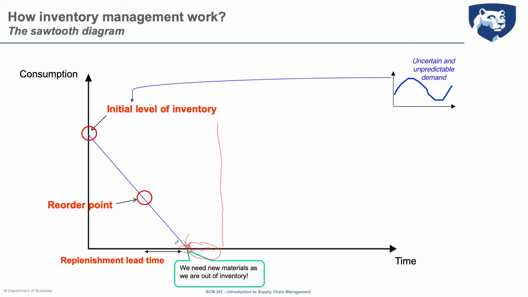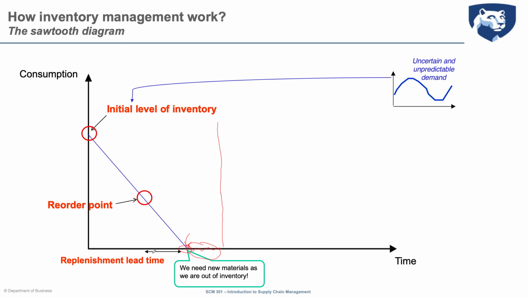So I need to set the reorder point before I'm running out of inventory. When is this before? It is when I have enough material or product to execute my process during the time my supplier needs to replenish the inventory.